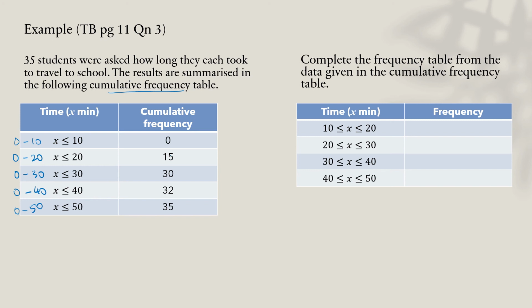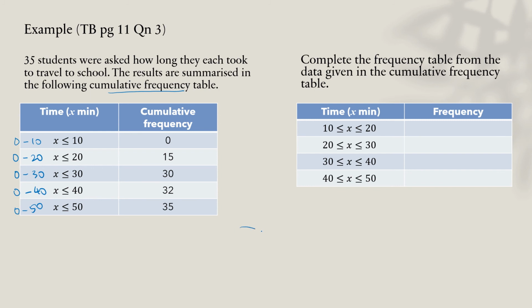And given this cumulative frequency table, we can actually find the frequency table. This time around, we want only from 10 minutes to 20 minutes. So we know that from 0 to 10 minutes, there is none. We know that from 0 to 20 minutes, there is 15.